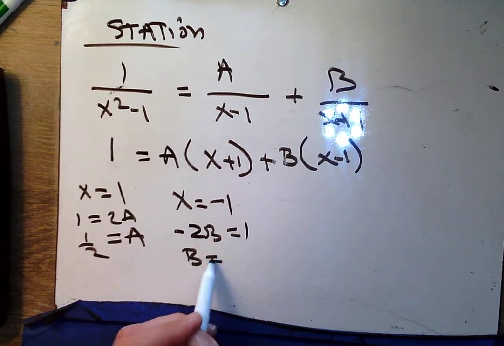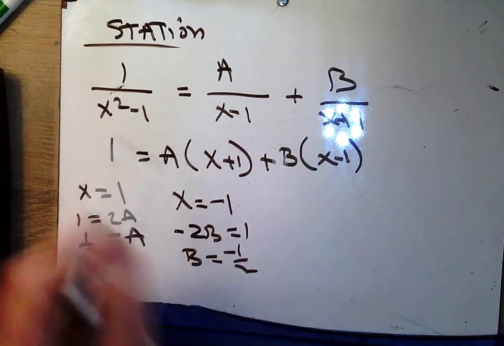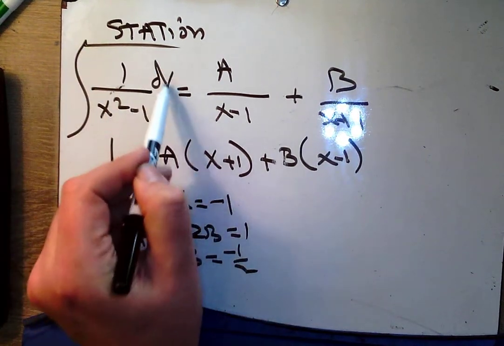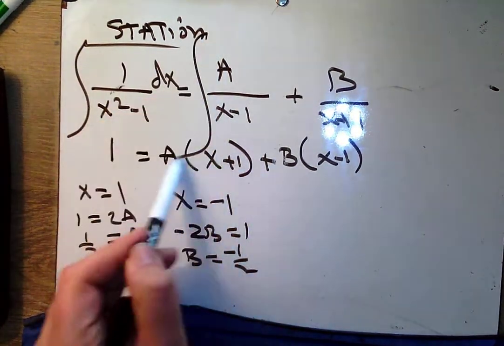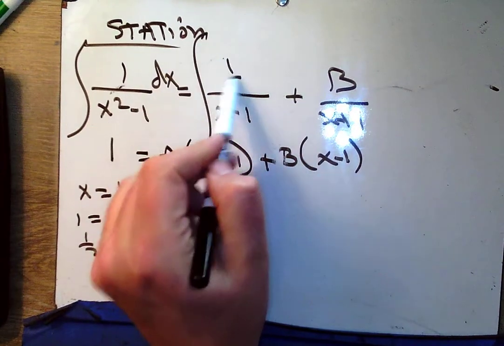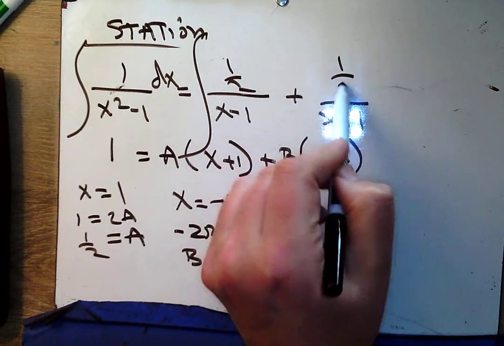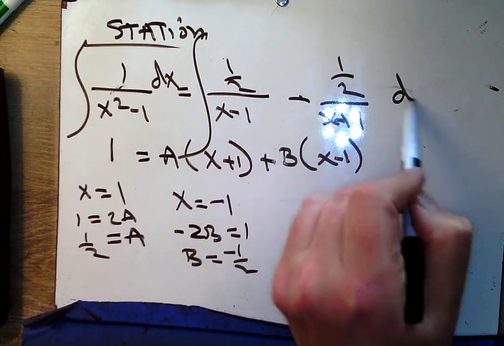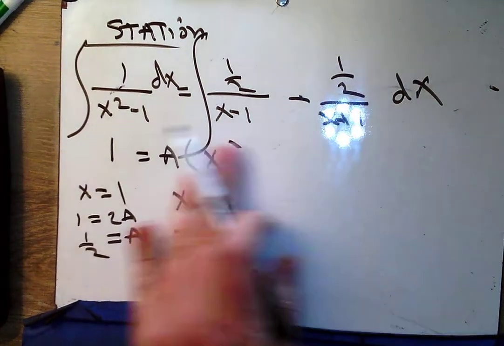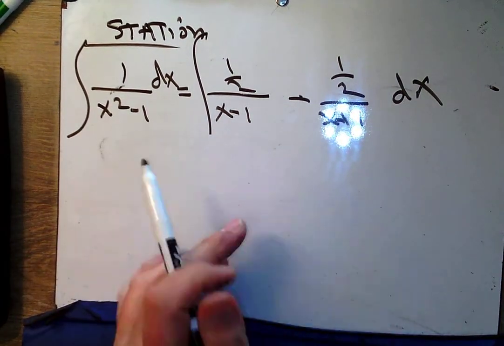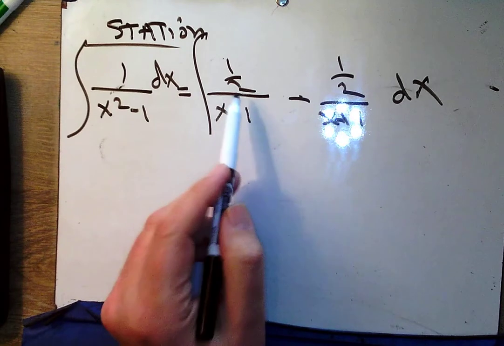And so we know b is -1/2. So this thing that I couldn't integrate can become these two things, which I can integrate. Okay, so let's do some integrating here.